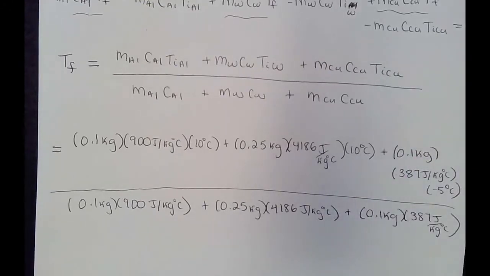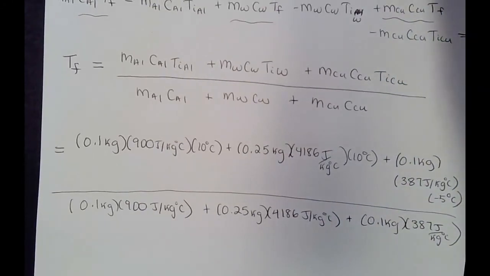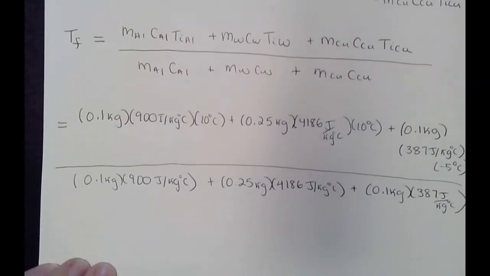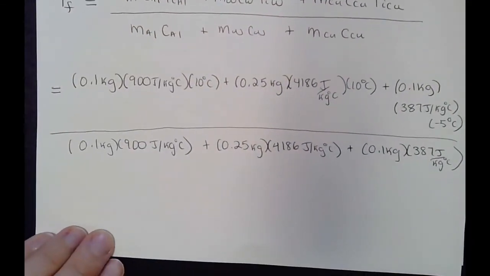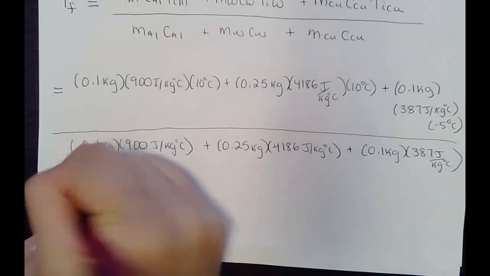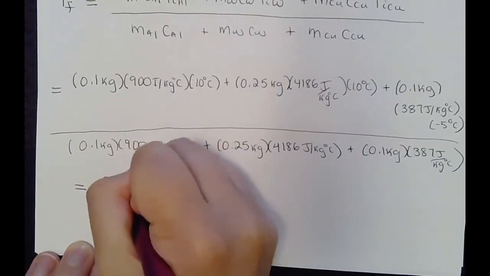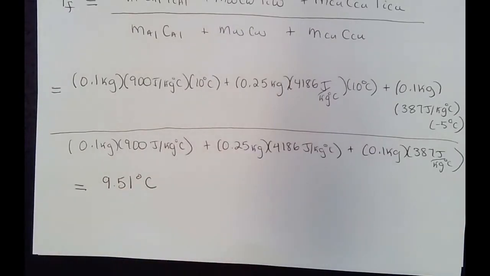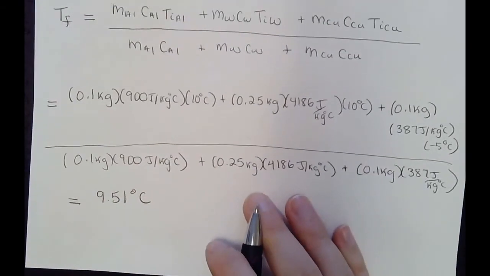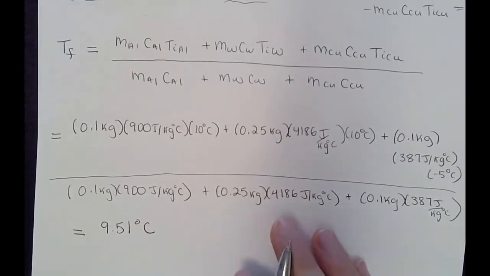Okay, and then a lot of space, but we can just plug that all into the calculator at this point, and it should give a final answer of 9.51 degrees Celsius. So really important to write out all of your work here, just so that you can check easily if something looks off.